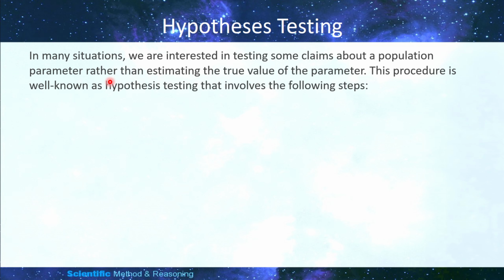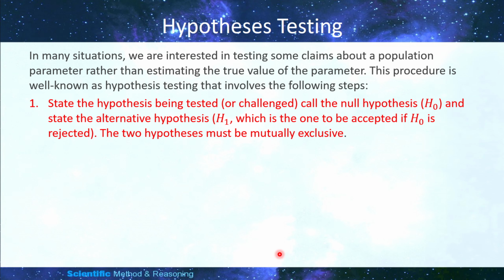In many situations, we're interested in testing some claims about a population parameter rather than estimating the true value of the parameter. The procedure is well known as hypothesis testing, and it involves the following steps. The first step is to state the hypothesis being tested or challenged, called the null hypothesis.